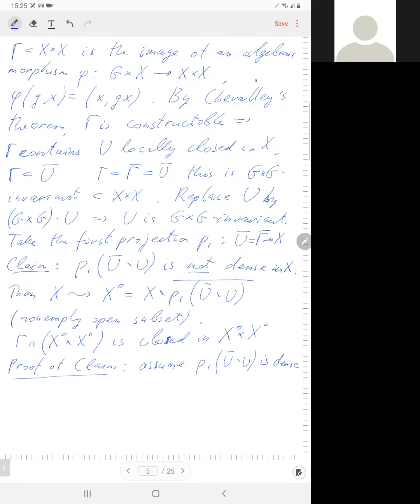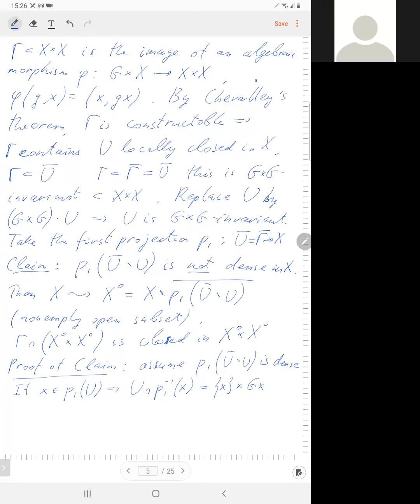Then if x lies in the projection of this U, the intersection of U with the fiber over x is this point x times the orbit, right, because we assumed that U was G times G invariant.